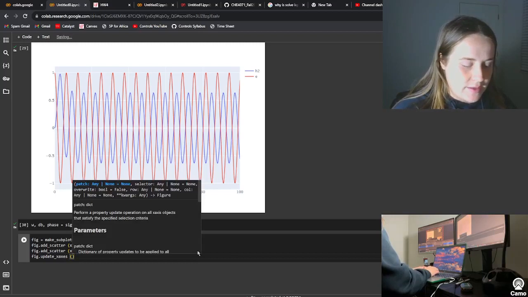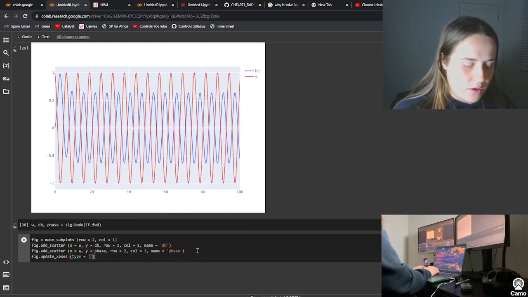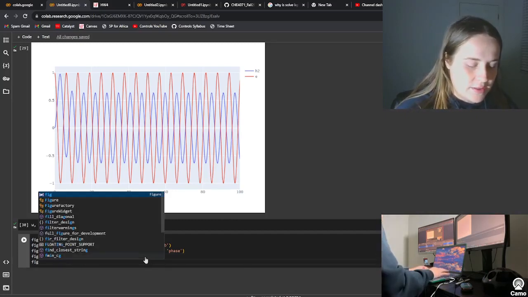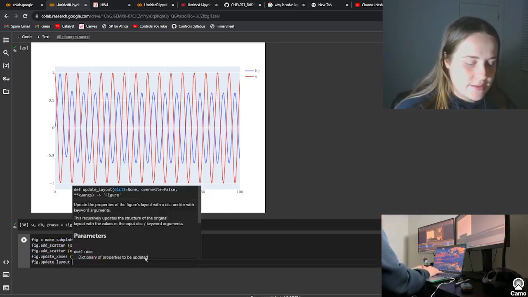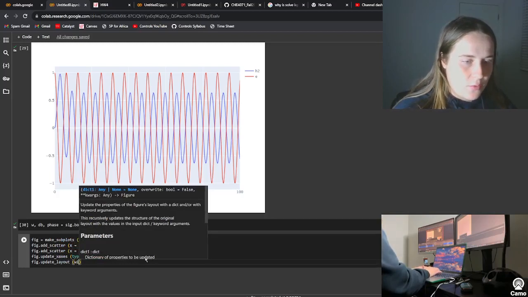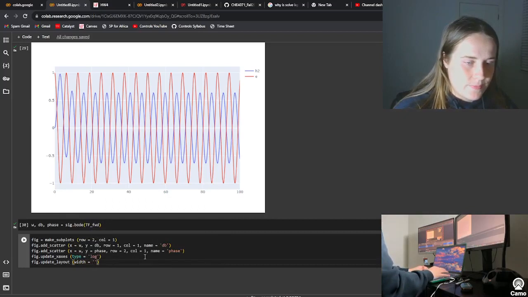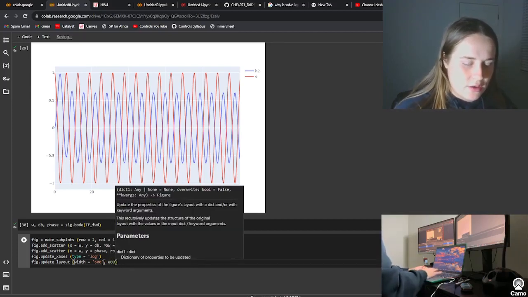This is going to be type, or do fig.update_layout, and this is just going to be width equal to, I don't know, 600. This is going to be too much. I need to fix this.